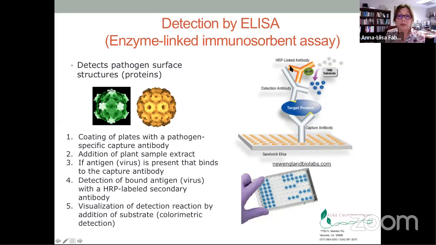Often this detection antibody is linked with a conjugate, an enzyme, so that when we add in the substrate for that enzyme, if all this is happening and there is virus present, this sandwich builds up, and we can detect this antibody-protein sandwich by adding the substrate, and it will release the color. Depending on what kind of substrate we are using, it could be blue, yellow, or orange kinds of colors as well.